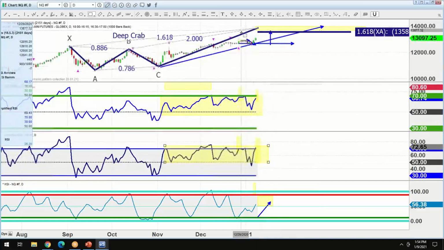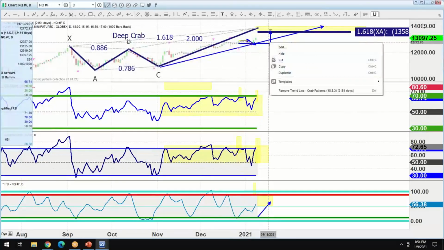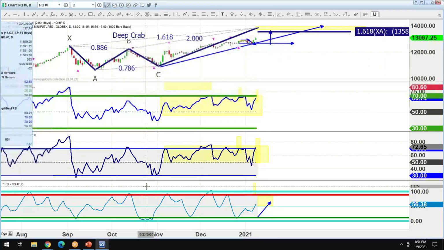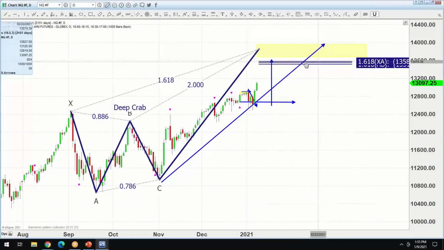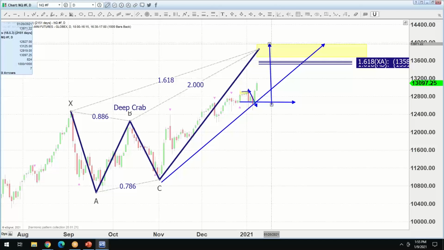We will go another 500 points higher. Now, that's how we bring together all of our expectations and assessments within the structure, and that's our minimum objective. If this thing really blasts off and goes to 14,000 or higher, well, we're ready.